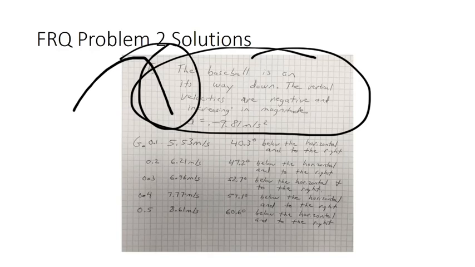The last thing we were asked to do was to find the resultant velocities. To do that, you had to add together the horizontal and vertical components of the velocity. So let's do one of those together. So let's just do at time 0.10 seconds. So to get that answer, we would take our horizontal component, draw that in.